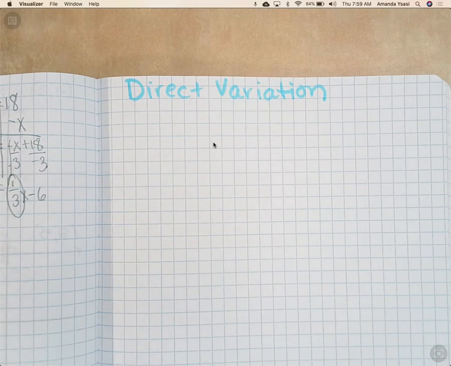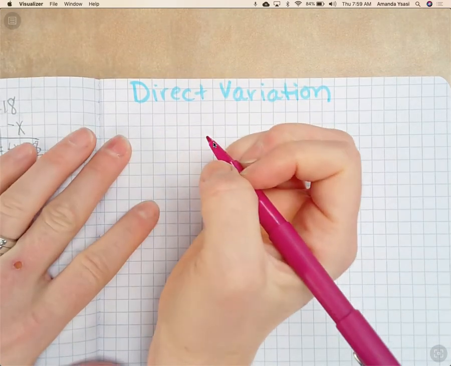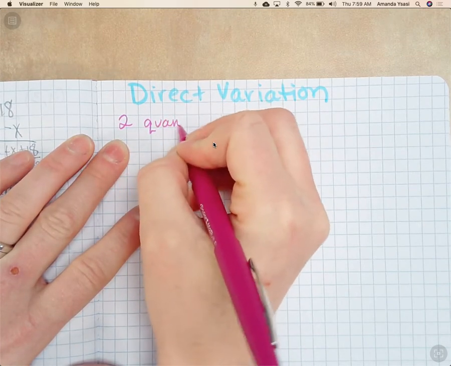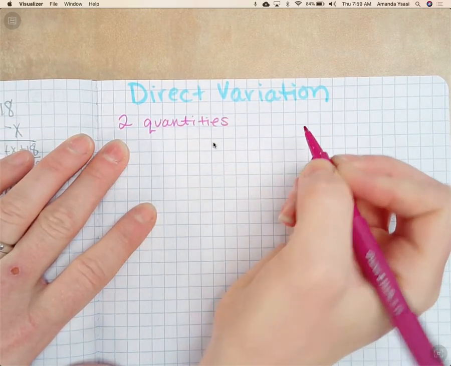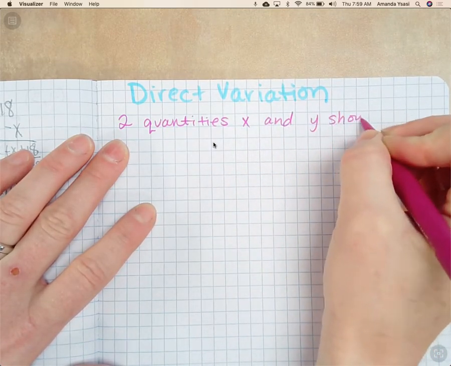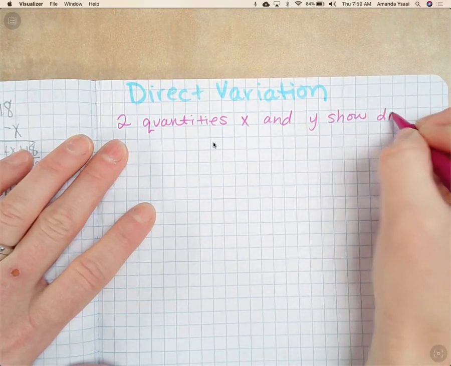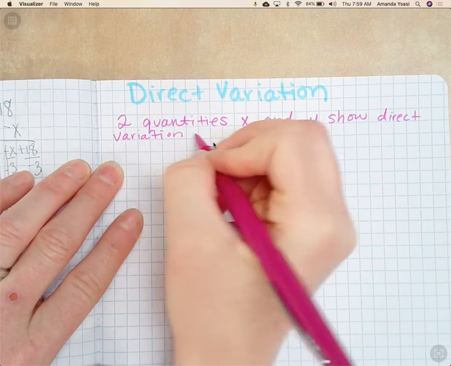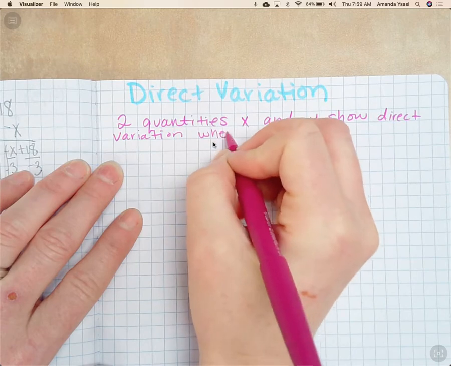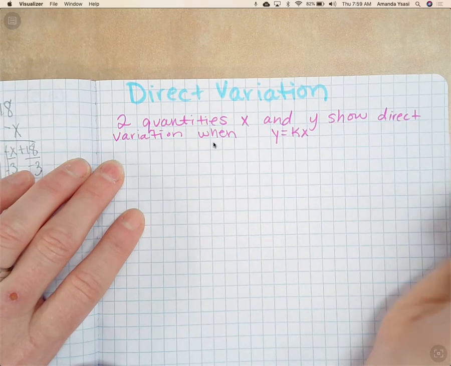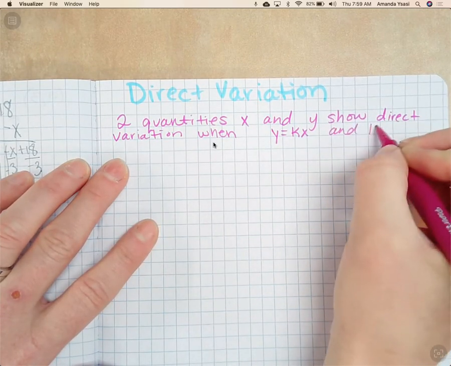Direct variation is, we will write, two quantities, x and y, show direct variation when y equals kx and k does not equal 0.